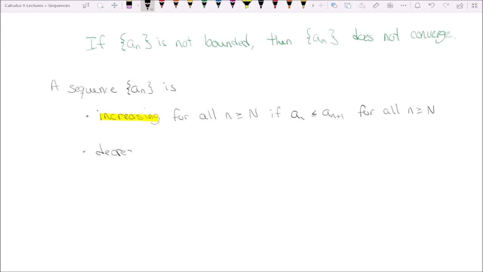We say the sequence is decreasing for all n larger than some value big N if a sub n is greater than or equal to a sub n plus 1 for all such values of little n.